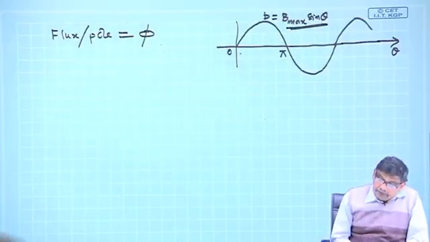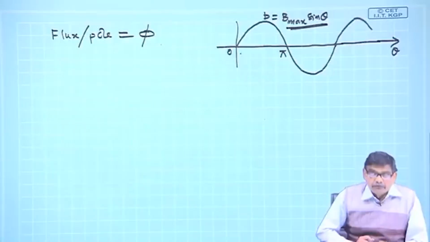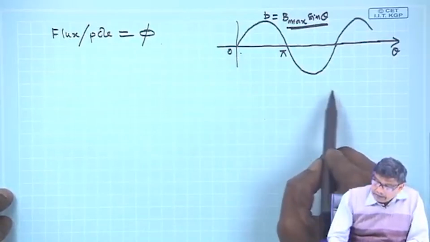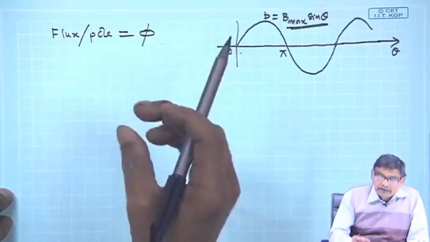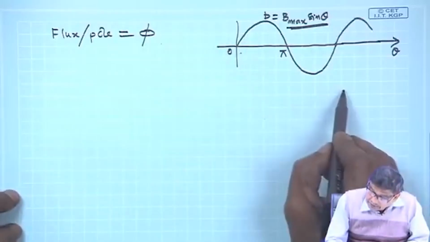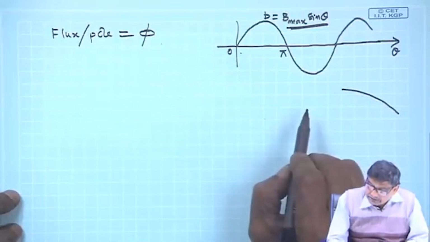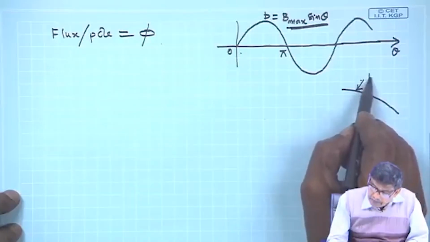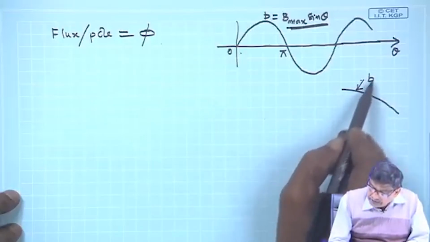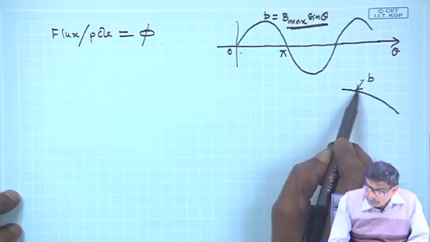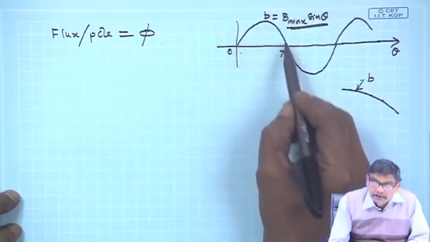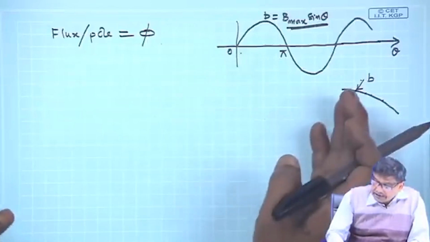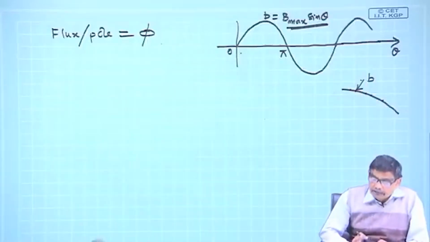Now, how to calculate flux per pole? It simply tells you that this B is to be multiplied by some area. What is that area? Suppose this is the rotor surface, here is some B, and this B value varies as you move from one point to the other, because it is sinusoidally distributed. So, it cannot be just some instantaneous B times the whole area.